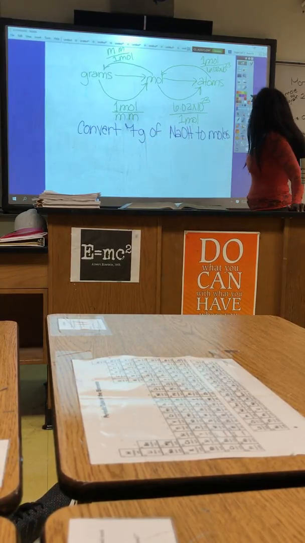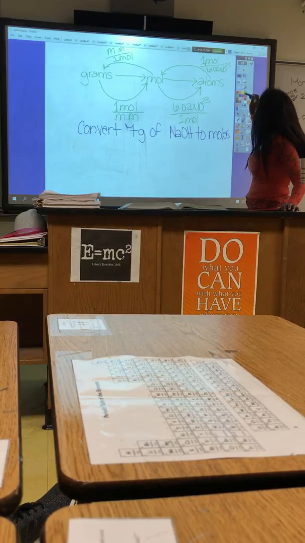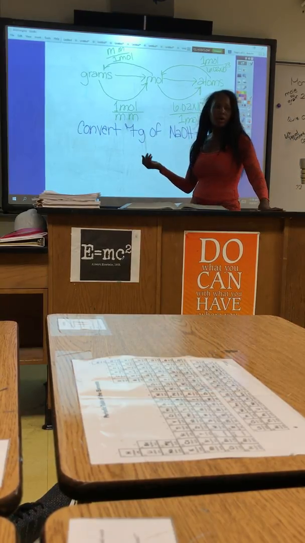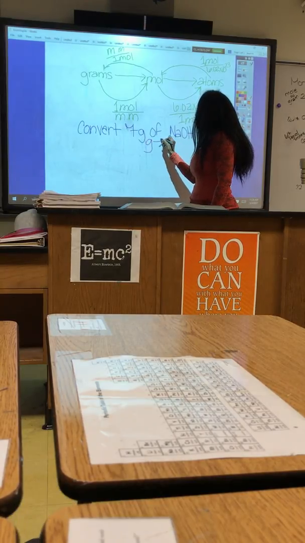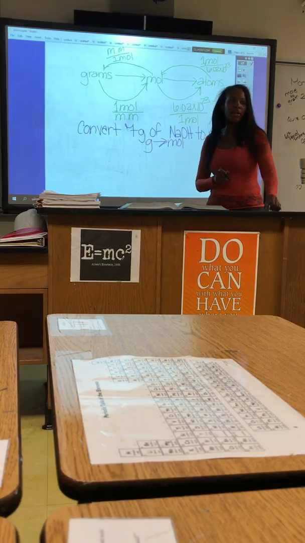Okay? So, what I like to do is I always like to go back. I'm going to use another color. I like to identify exactly where I'm going so that I would not forget it as I navigate through the problem. So I'm going from grams to moles, right?